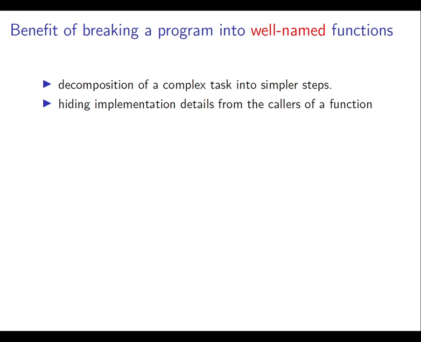Now you might not immediately see why that's beneficial, especially when you are both the person writing the function and the person writing the code that's going to call the function, as we were right then. But we'll see some examples in a moment of how that can be helpful. For now, let's just say it is useful in that when you are reading some code that calls a well-named function, you may well be able to avoid the work of actually reading the code that the function carries out.